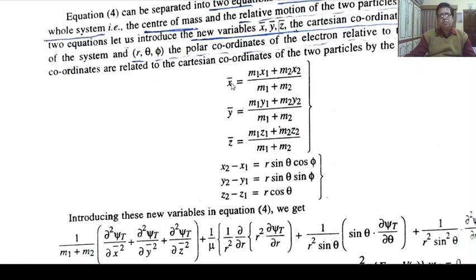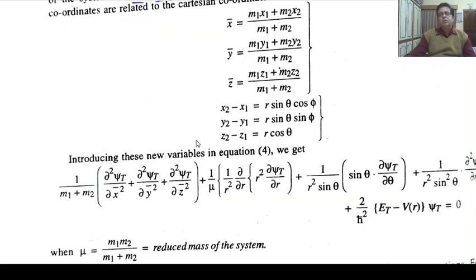This is for x bar. y bar equal to m1 y1 plus m2 y2 upon m1 plus m2. z bar equal to m1 z1 plus m2 z2 upon m1 plus m2. Similarly, x2 minus x1 equal to r sin theta cos phi, y2 minus y1 equal to r sin theta sin phi, z2 minus z1 equal to r cos theta.